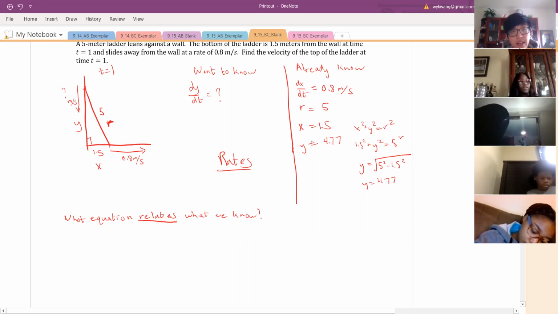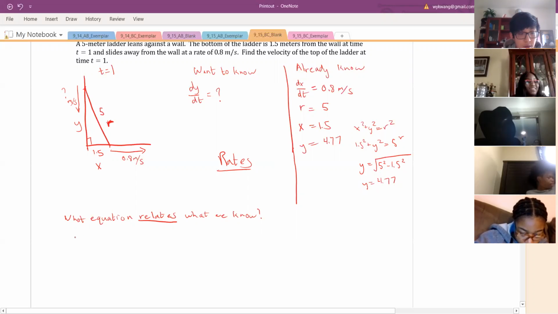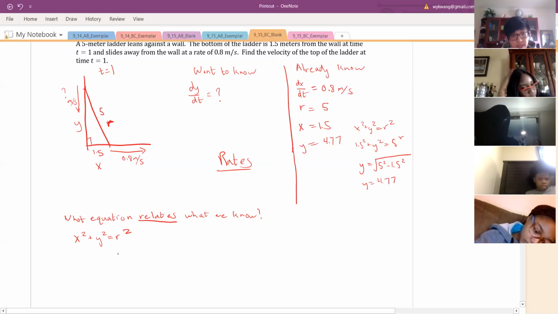We already have x, y, r, all these values, but how do we put them all into one equation so we can actually solve for something, right? And the answer when we look at a right triangle is the most obvious answer, which we already used, which is the Pythagorean theorem. We can relate x, y, and r using the Pythagorean theorem. So I'm going to write x squared plus y squared equals r squared. So that's great. We have all these values related, at least the three sides.